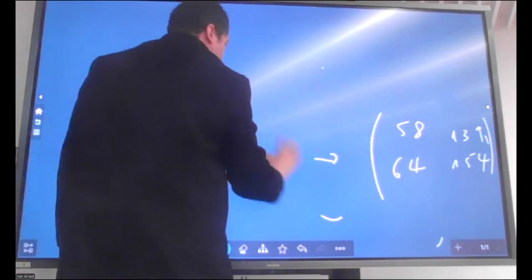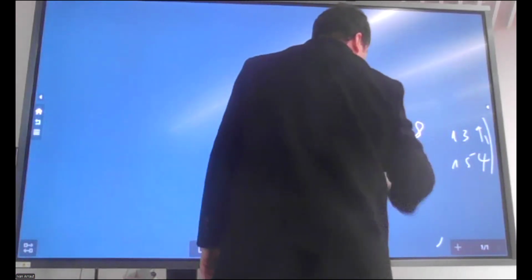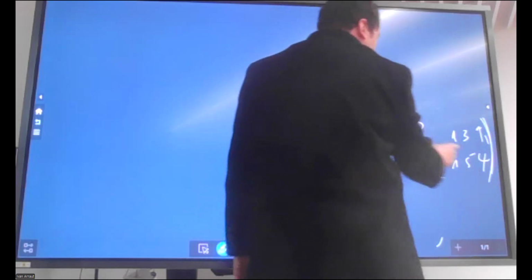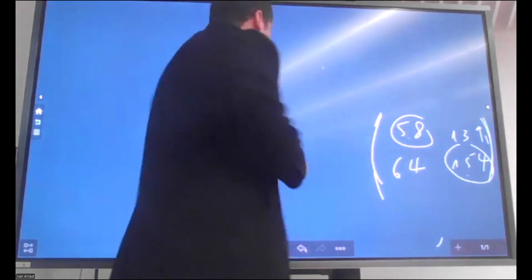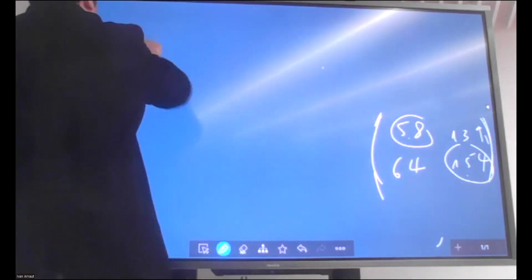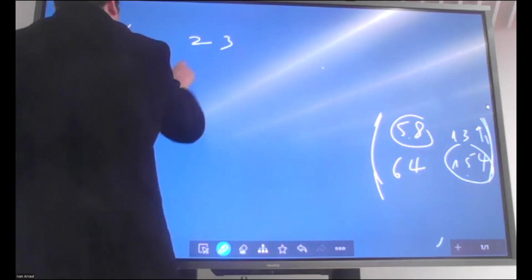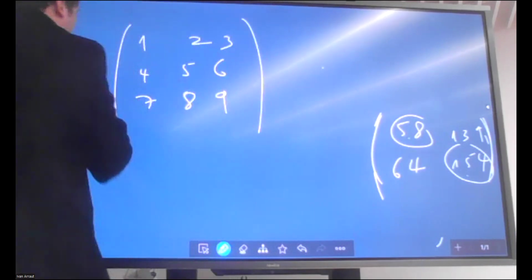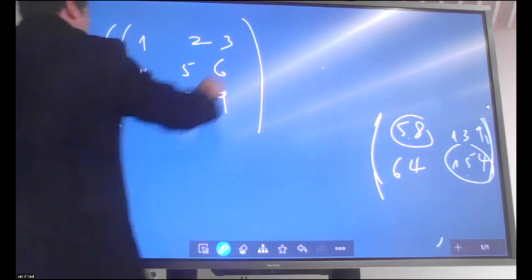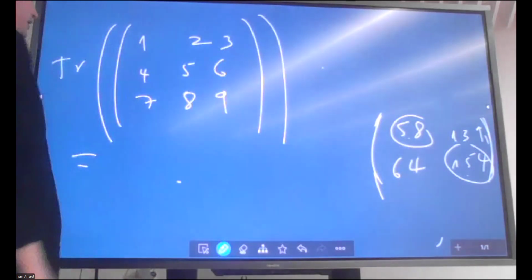Let's put it this way. Well, this matrix, the trace is 58 plus 140, 54, for example. That's the trace of a matrix. If I have 1, 2, 3, 4, 5, 6, 7, 8, 9, and I calculate the trace of this, what is the trace of this matrix?